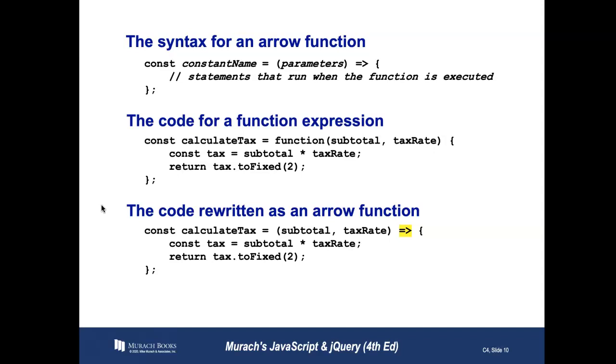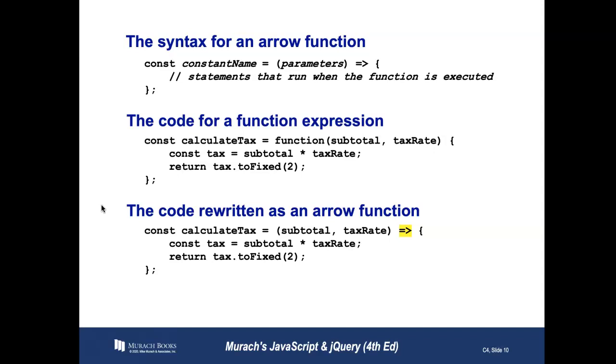So this is an arrow function with a function expression. We have a constant name equals, and inside the parentheses we have our parameters. So you have a variable equals, then the arguments that get sent, and often that'll be empty, then the equals-greater-than, which is the arrow, and then the curly braces.